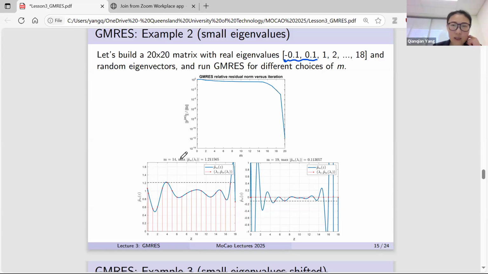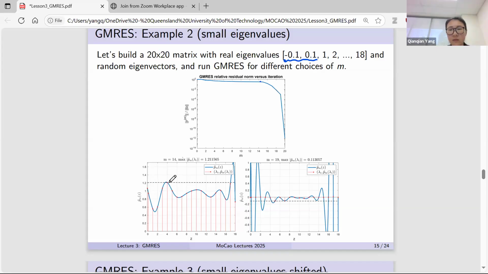So let me take m equals 14, because not much happening for small m. I'm plotting this p_m, our GMRES polynomial, at the eigenvalues. The red dots are the real eigenvalues of the matrix A. You see that for m equals 14, I'm having trouble keeping the maximum of p_m small; it still stays at like 1.2 something.